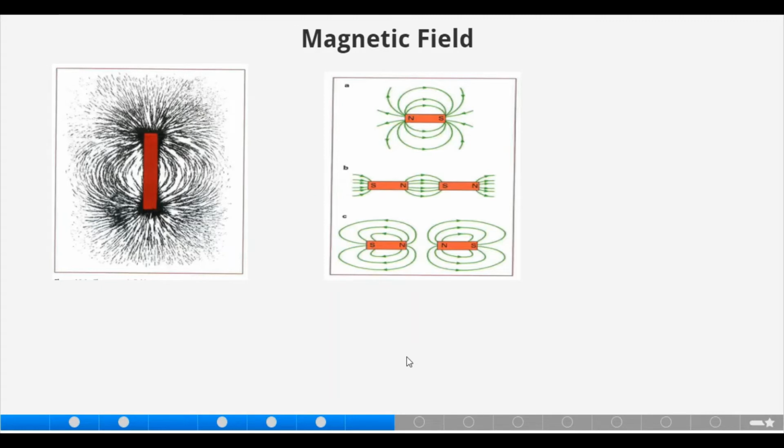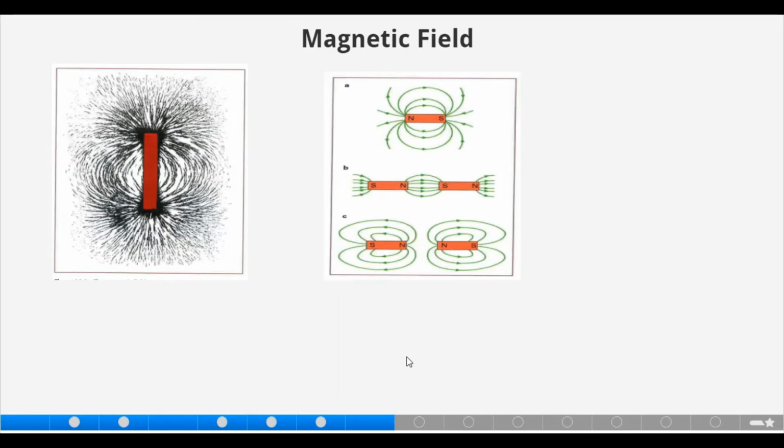If you look at the other diagram on the right, you have A, B, and C. You can see that for the north pole, the direction is radially directed outwards, while the direction on the south is radially directed inwards.